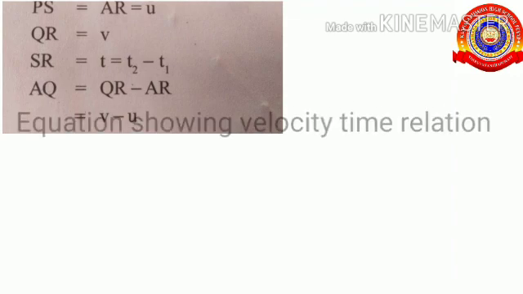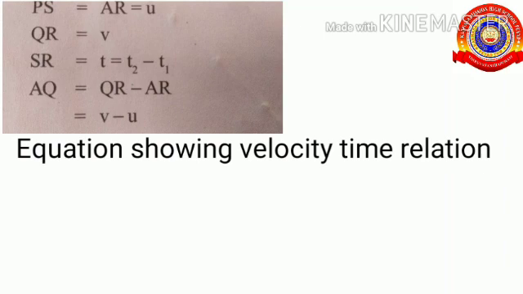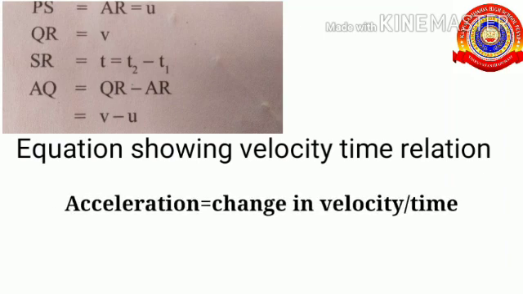From this we are going to find out the equation showing the velocity time relation, that is the first equation of motion. We know acceleration equals change in velocity by time.